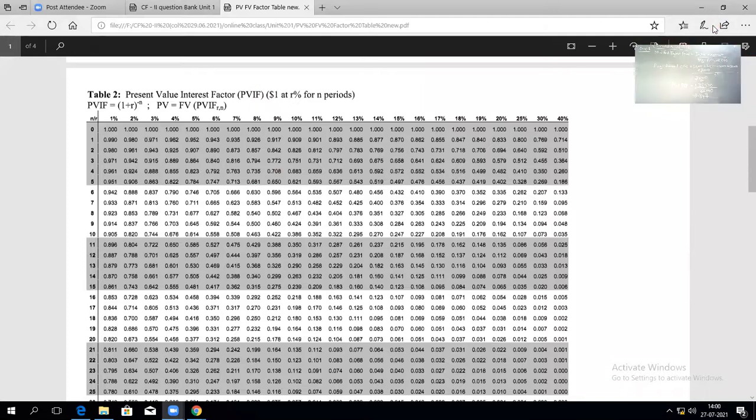Let me do it now on the board. So the first step is over. The second step we have already done, that is finding out the discount factors.